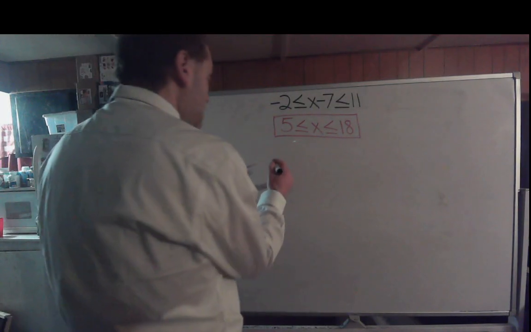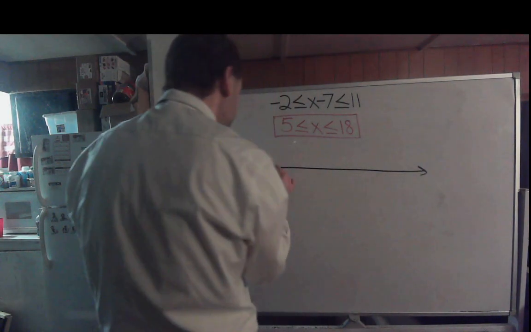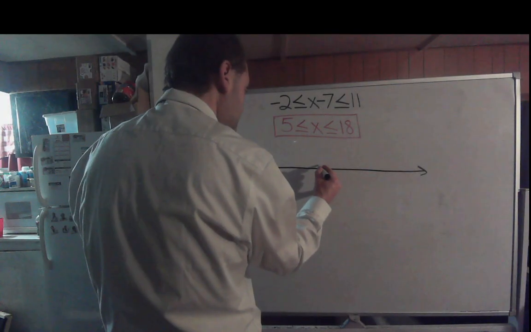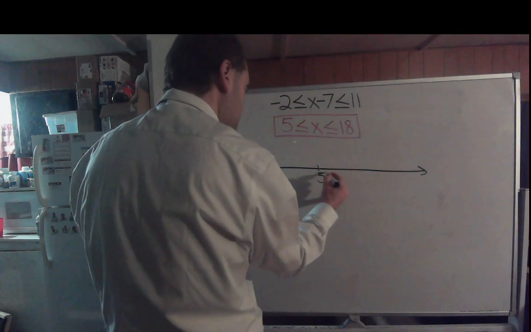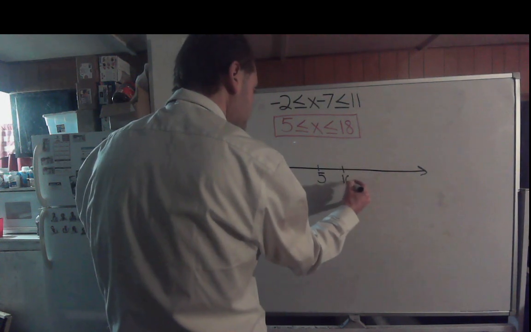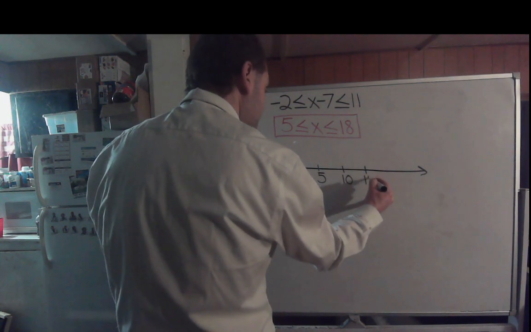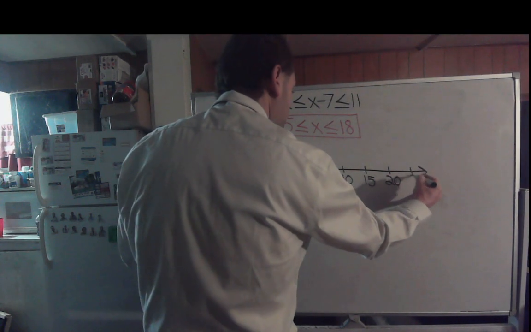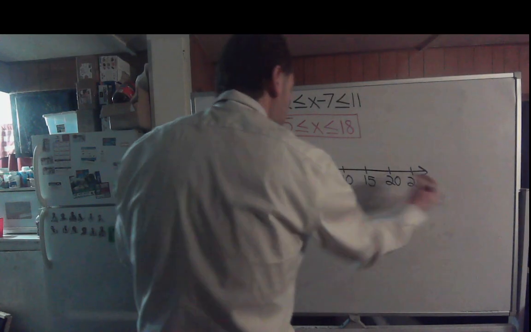Now, we're going to graph this. I'm going to skip by units of 5 just for simplicity's sake. I don't think anyone wants to see a really long number line.